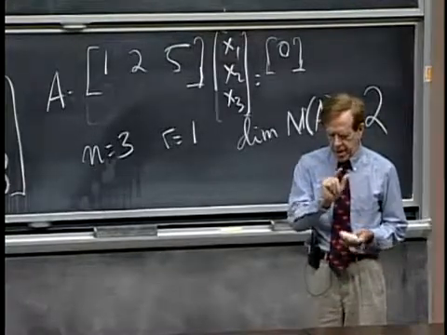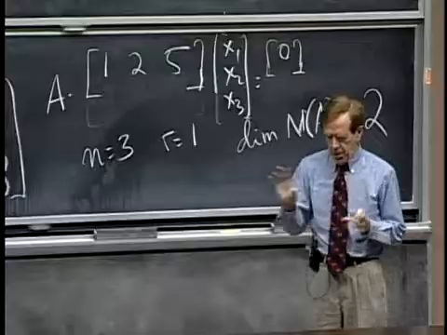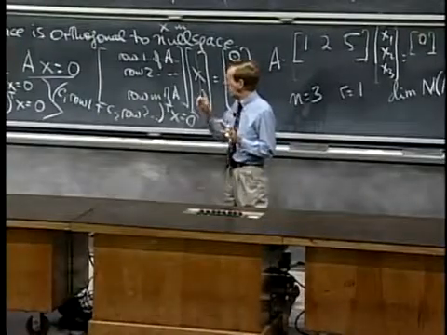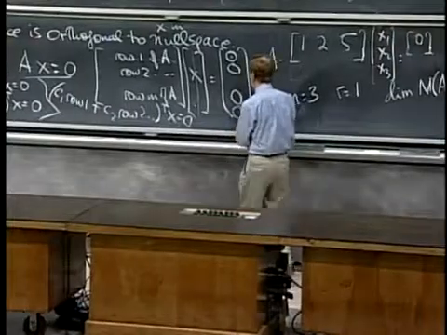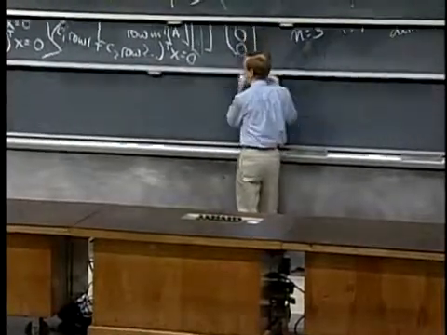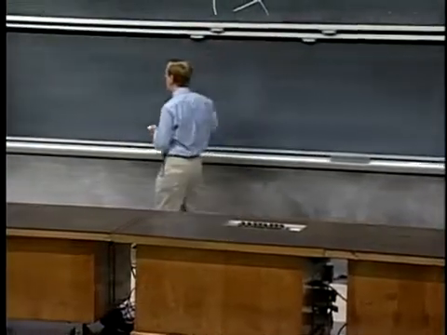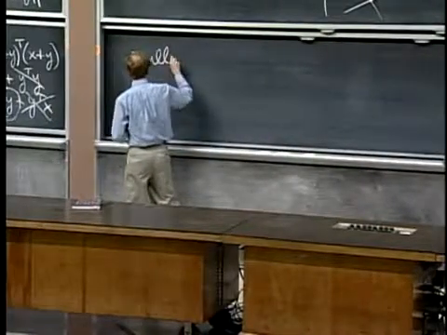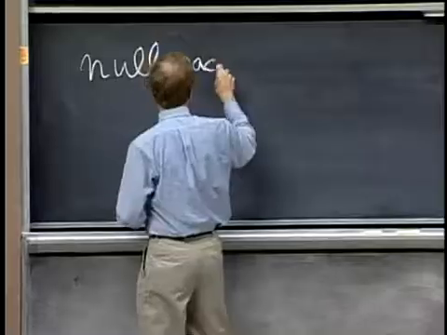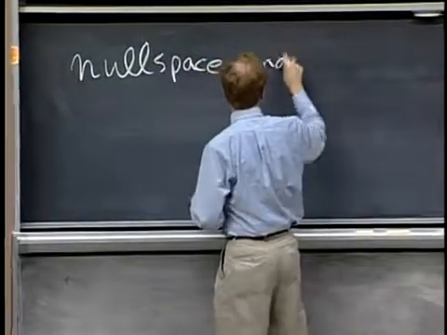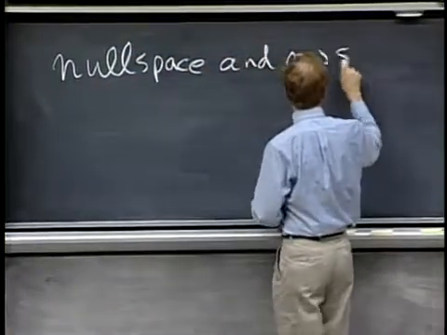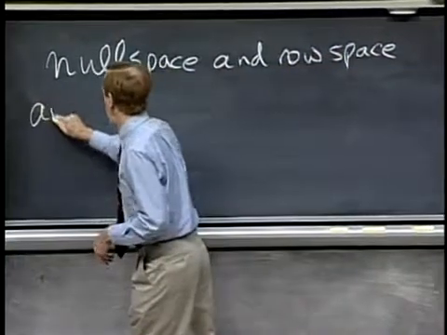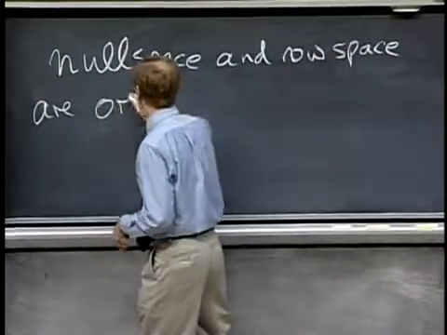What's the point I want to make here? I want to emphasize that, let me write it in words, the null space and the row space are orthogonal.